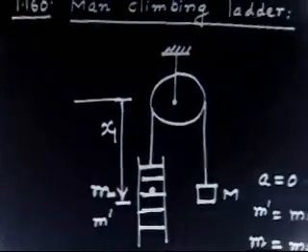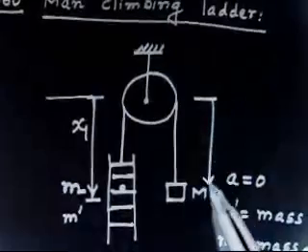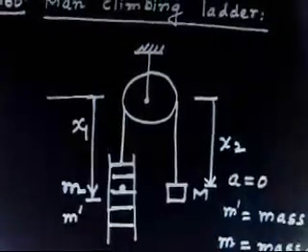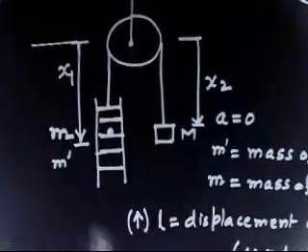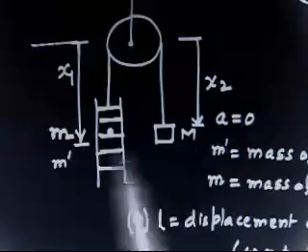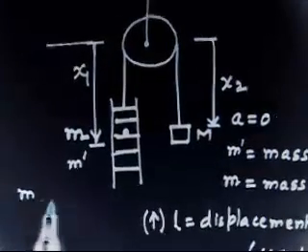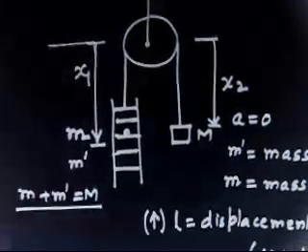Now let us say this is at a distance of x2. So mass capital M is at a distance of x2. Now what are the relations we have? Since this side and this side is static, that is at rest, I must have m plus m dash equals M. So this is the first relation I have.